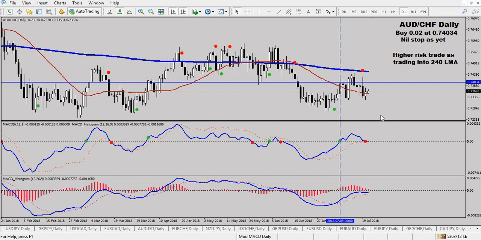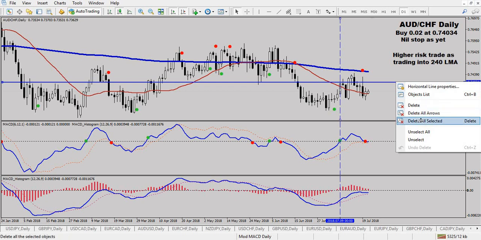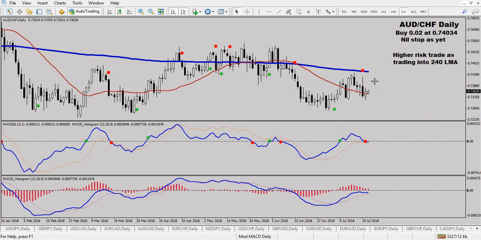Aussie Swiss franc was in a buy here. Didn't really go very far. Came down this morning. We had a confirmed cross of the fast MACD of the zero level, so that buy was closed for a loss of about 42 pips. So no longer in that buy, and I didn't take the sell.